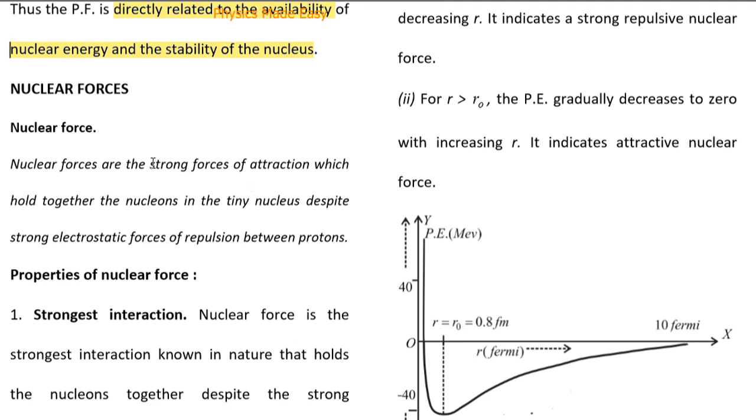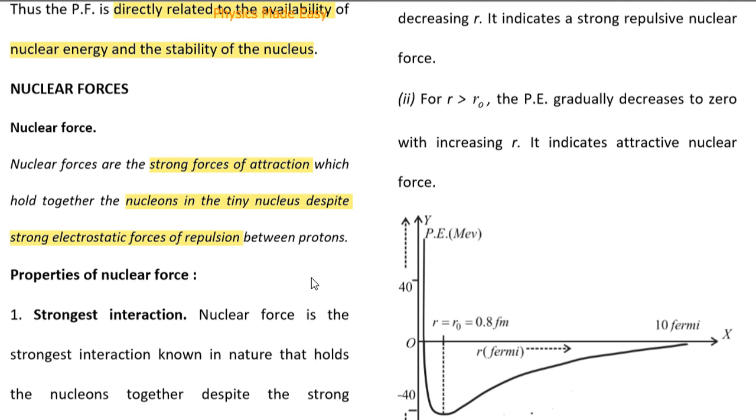Nuclear forces are the strongest forces on Earth, and they are the strongest force of attraction, which holds together the nucleons of tiny nuclei despite strong electrostatic repulsion between the protons.